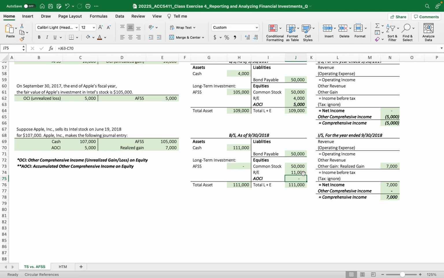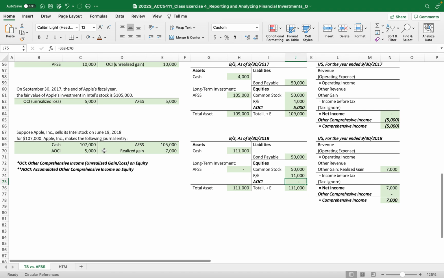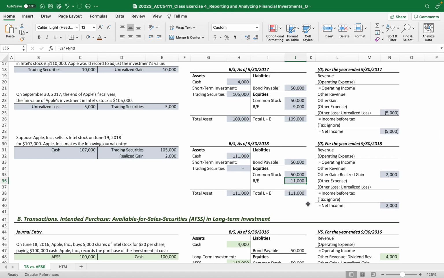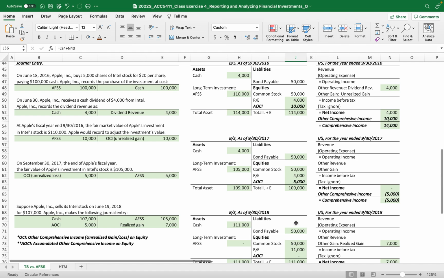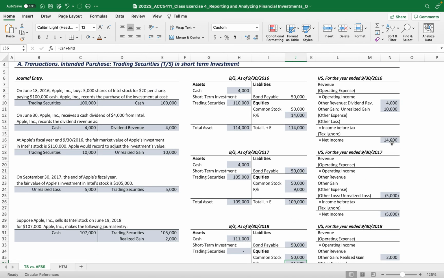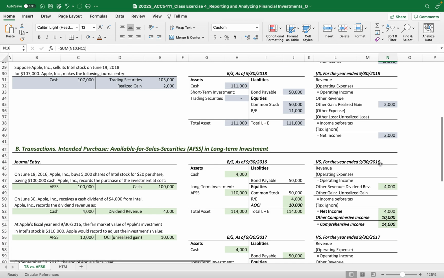So retained earnings at the end of the day, when they sell, in the same condition comparing with trading securities, $11,000 are the same, right? But as you can see, the net income of the first year in the trading securities is 14,000, right?